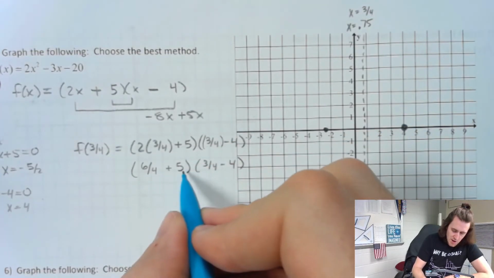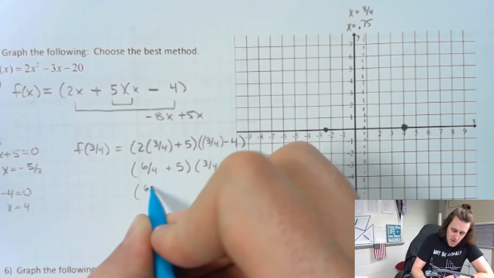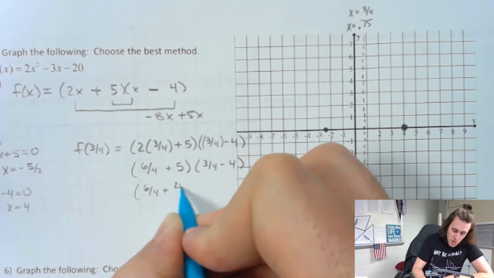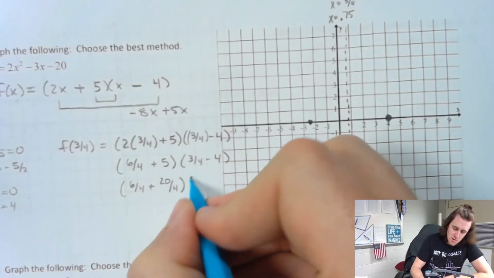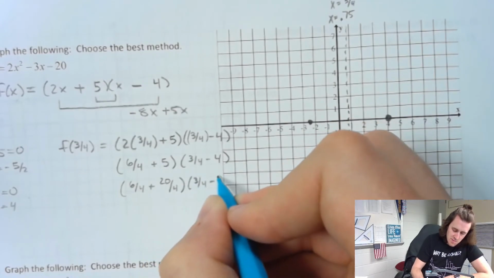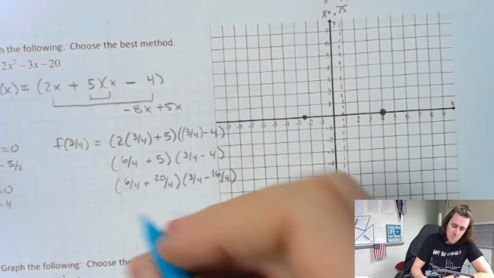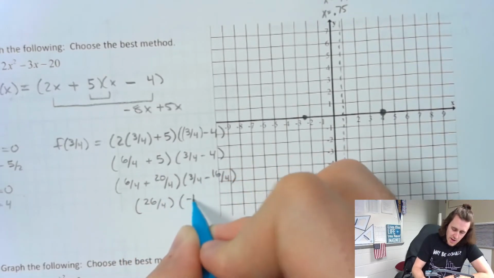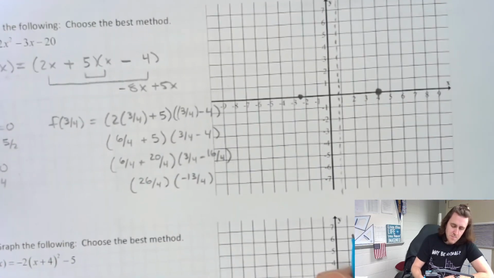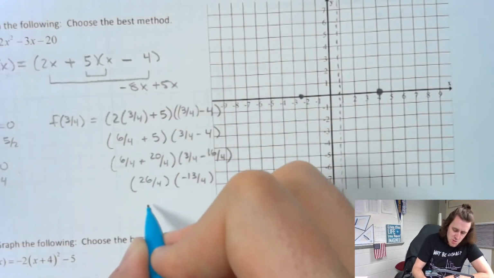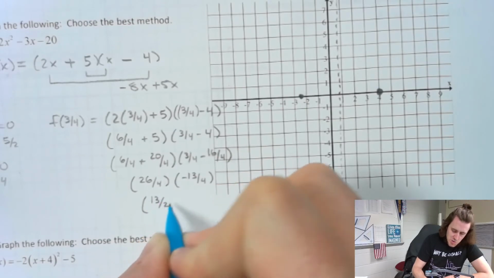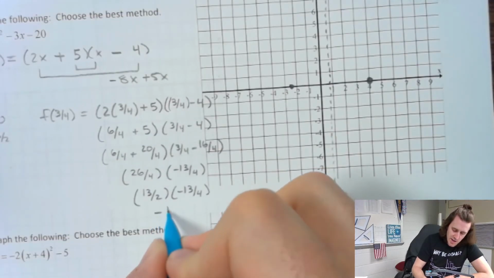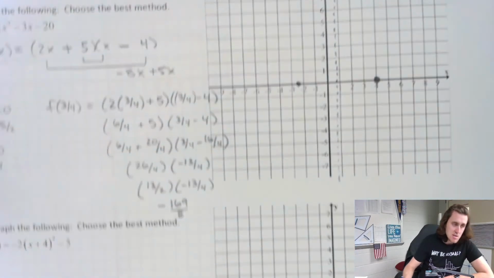And if we grab a common denominator here, that could be 6/4, and 5 times 4 is 20, so 20/4, and 3/4 and 16/4. So we get 26 over 4 and negative 13 over 4. This reduces to be 13 over 2. So when we multiply here, we're going to get negative 169 over 8.